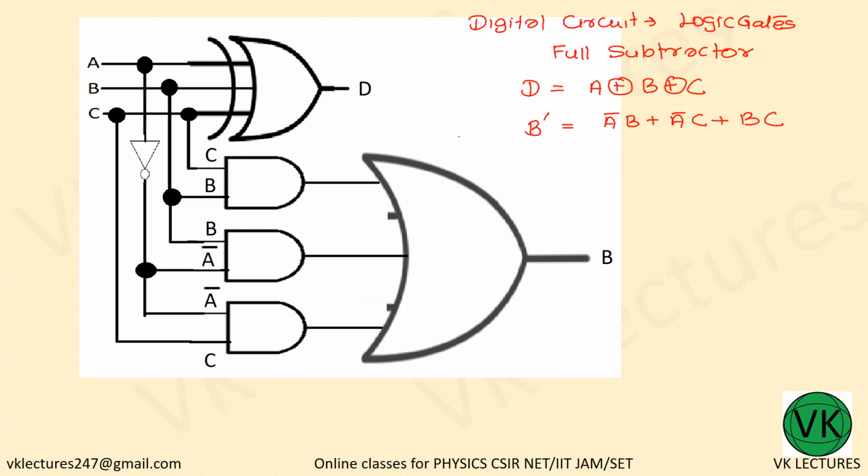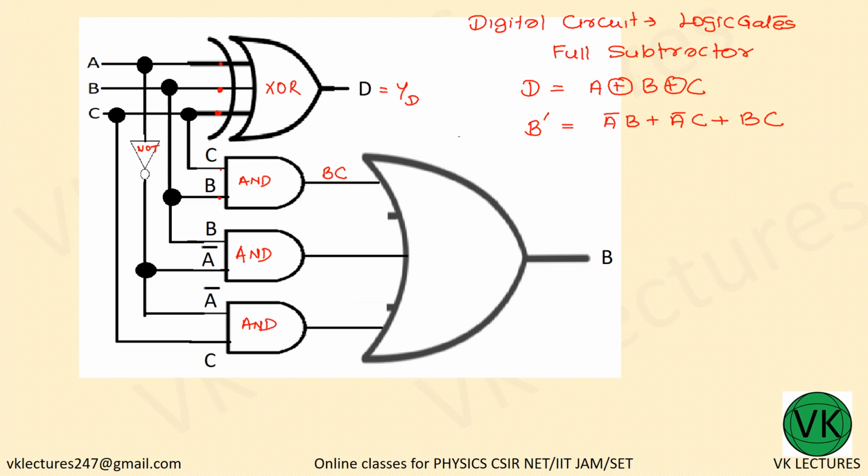Now this is A, B and C all are going through the XOR gate, producing the YD difference, and in this this is C and B, so BC. So here you have BC, here you have A which is going through the NOT gate producing A bar, and B, so this is AND gate, here again AND gate, this is again AND gate.